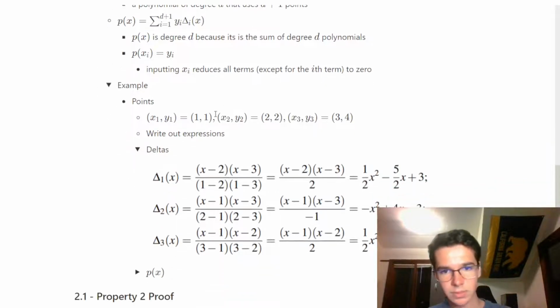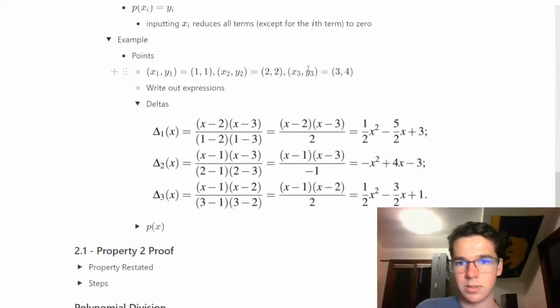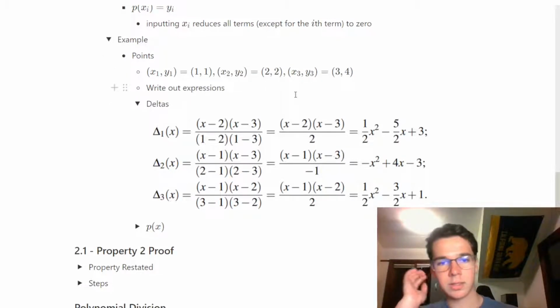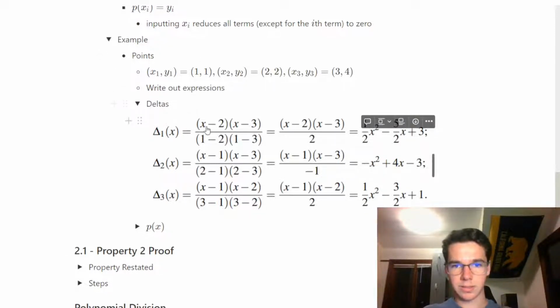So we're going to use some slightly different points. We're going to construct a degree 2 polynomial, and we're going to create the delta i's first. So if we remember, the delta i has on top the product of x minus all x's that are not xi.